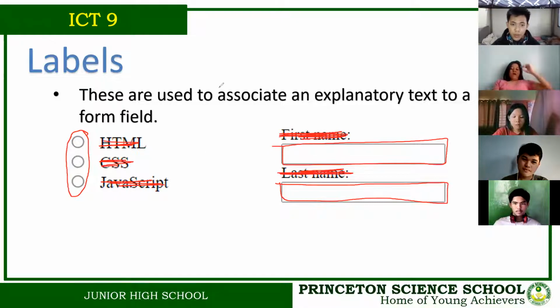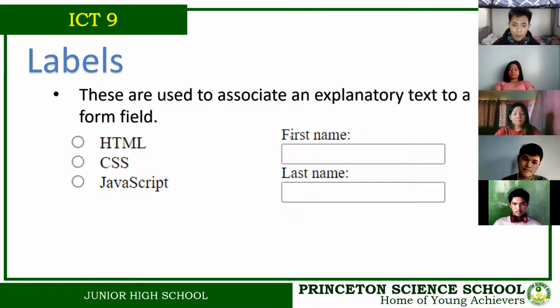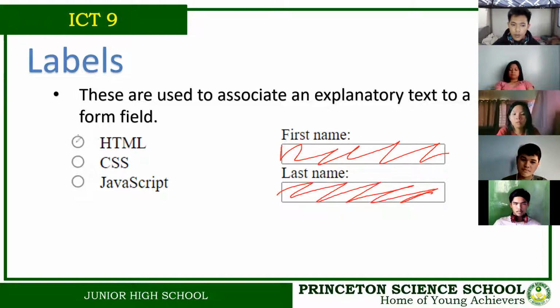The same thing goes with the labels. What if there are no input fields? They display what type of information you should provide, but do not provide any fields to put your information. So those two always work together, text fields and labels.